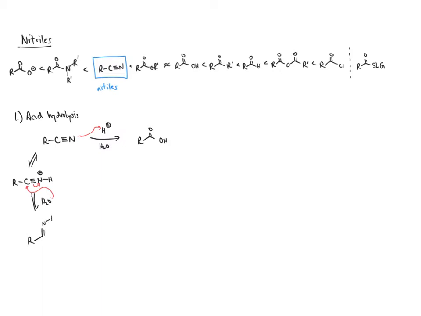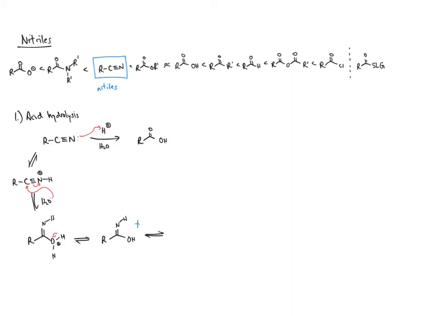And so we get an intermediate that looks like this. This is a charged intermediate, and so we can get a deprotonation. Proton falls off to give us a neutral species. And this neutral species will undergo a tautomerization.